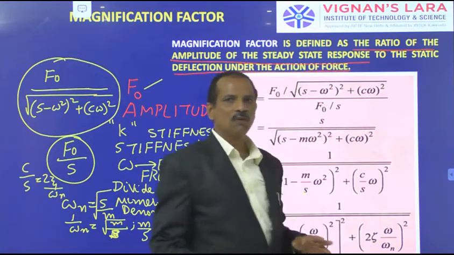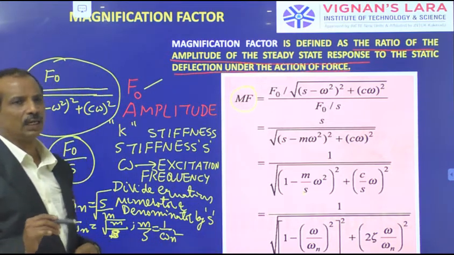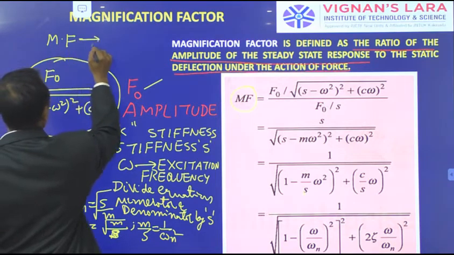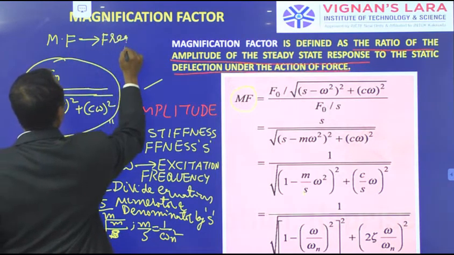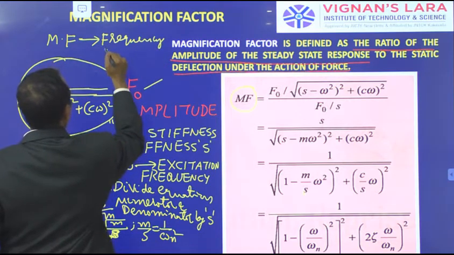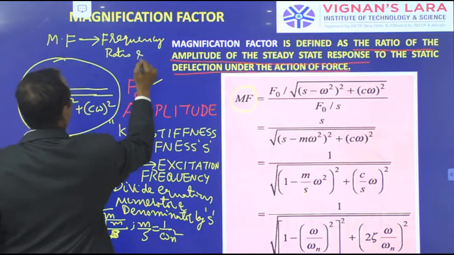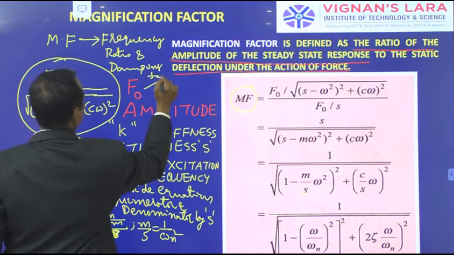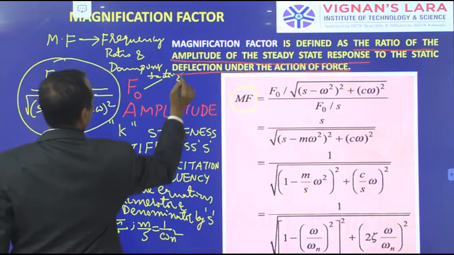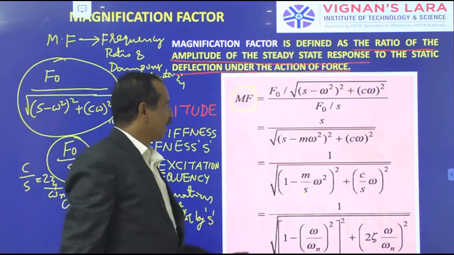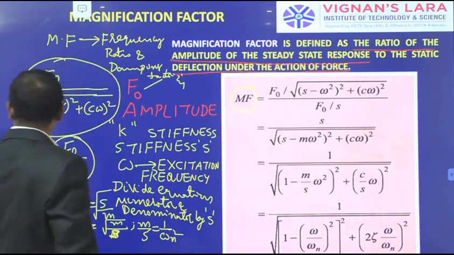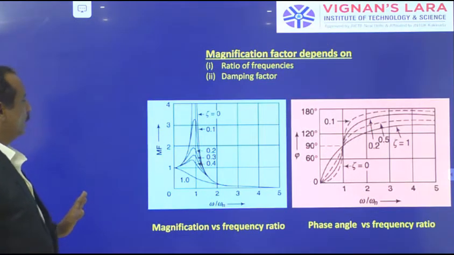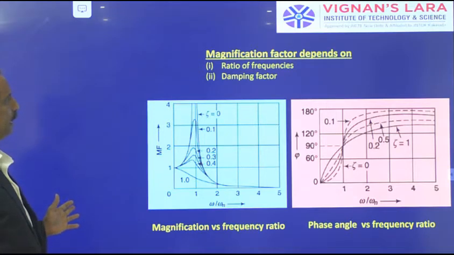So we can say that the magnification factor is a function of the frequency ratio and the damping factor zeta. So we can draw a diagram for the analysis we have seen, in graphical form.